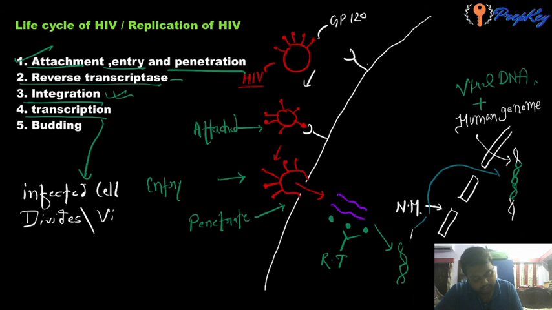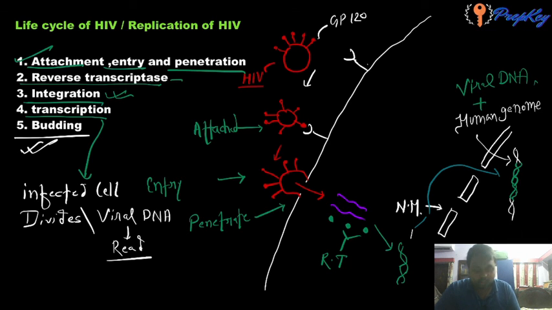New copies are made, and the budding process is the last and most important part. They come out from the cell with a protein coat. This is the life cycle, or replication, of HIV.